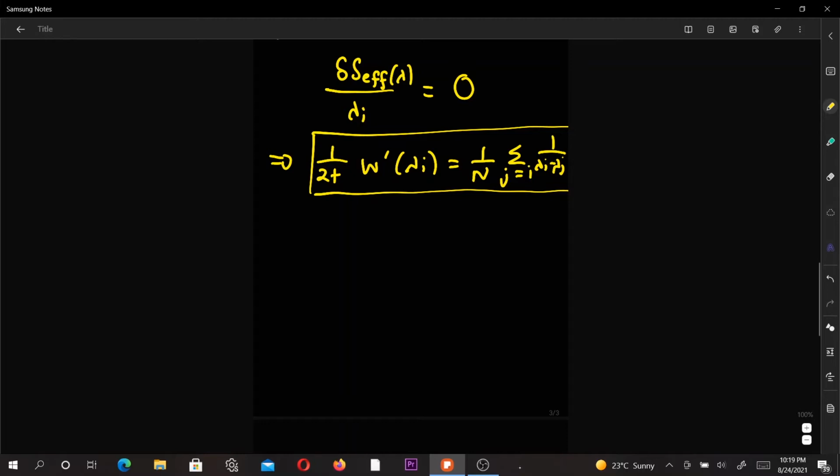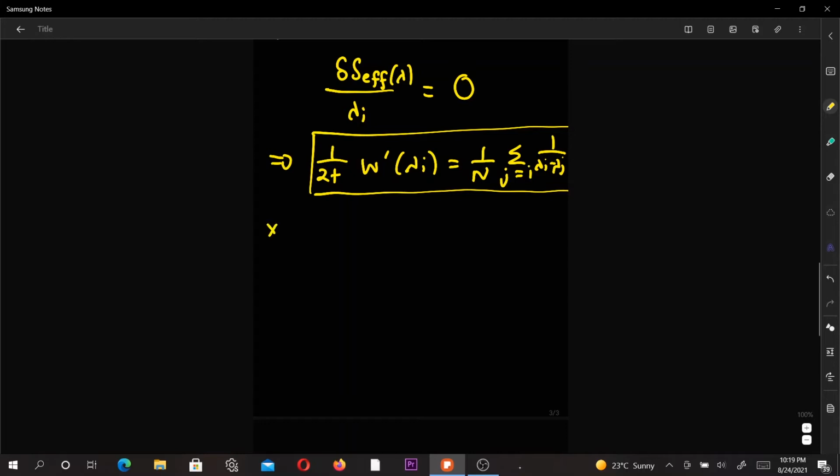Okay, so now since we are taking the n goes to infinity limit, that is how we study these matrix models, the distribution of eigenvalues will be a continuous function.